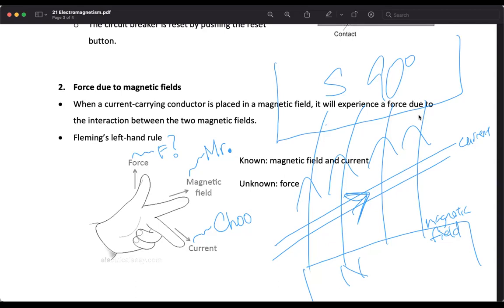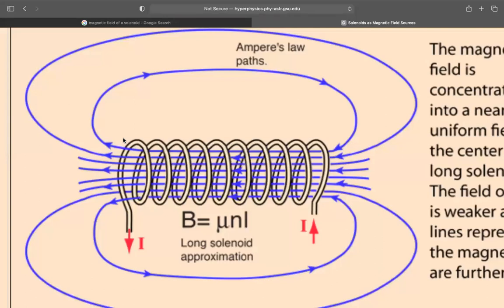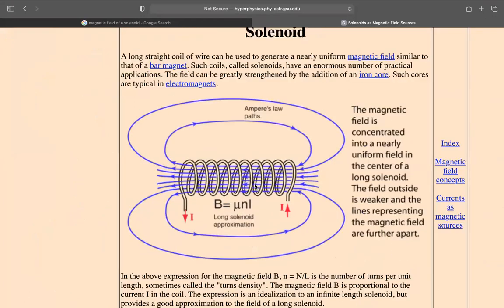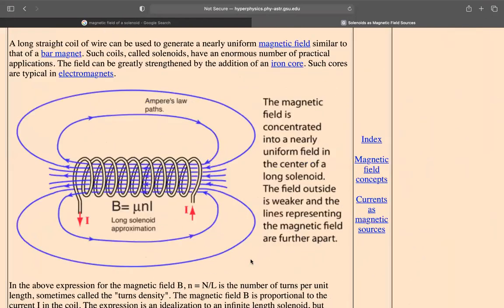Okay, FBI. Let me show you all another example. Why is it called B? Remember this diagram I showed you earlier on? Can you see I is the symbol for current? B is the magnetic field. Can you see here?